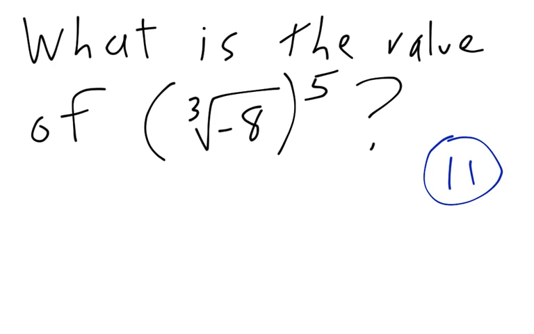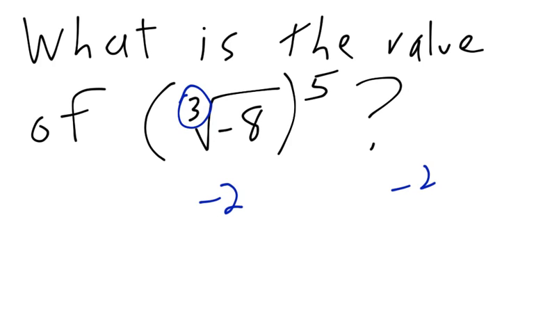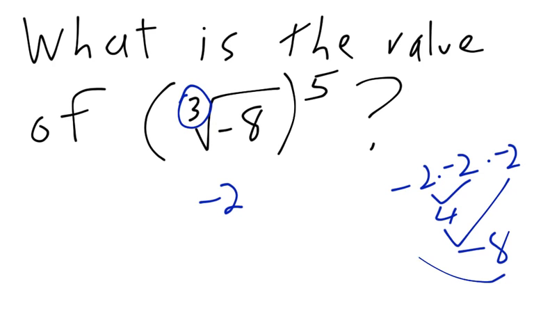And now for your solution. All right, what number can we multiply by itself 3 times to get negative 8? The answer is negative 2. Negative 2 times negative 2 gives us positive 4, times negative 2 again gives us negative 8. And that's where that came from. So now I have negative 2 to the 5th power.